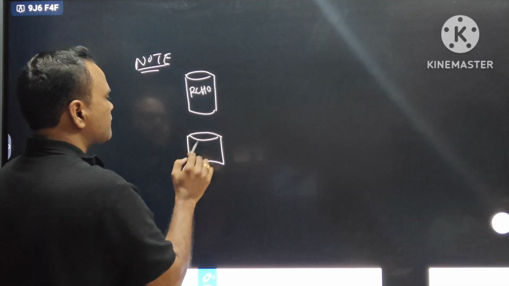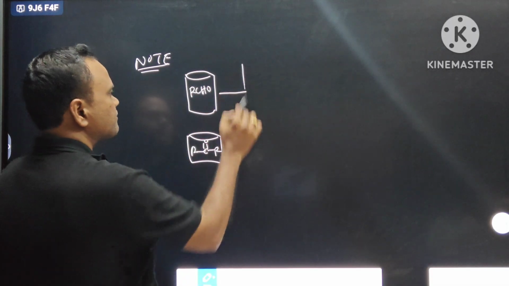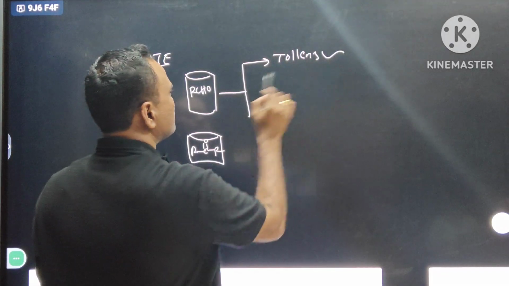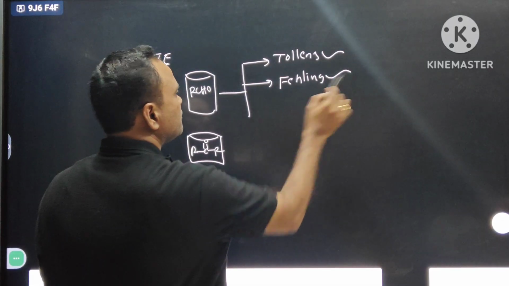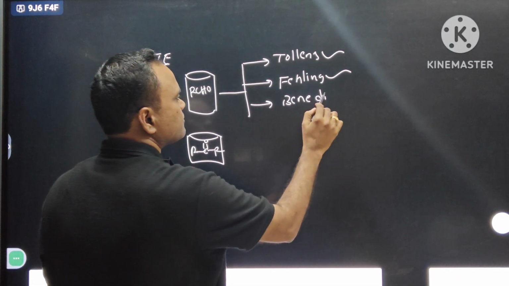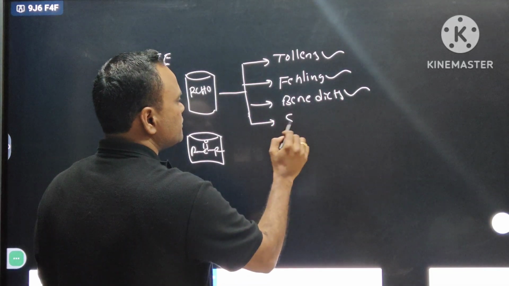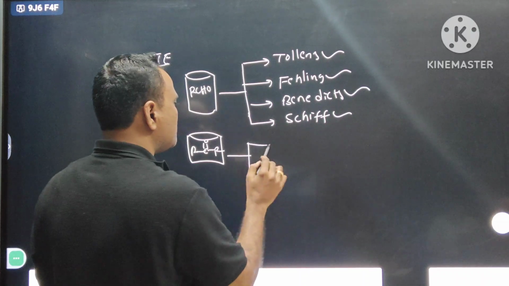RCHO is aldehyde, RC double bond O is ketone. Tollens, give tick mark. Fehling's, give tick mark. Benedict's, give tick mark. Aldehyde can react with Tollens, Fehling's, even Schiff's, give tick mark. But what about the ketone?